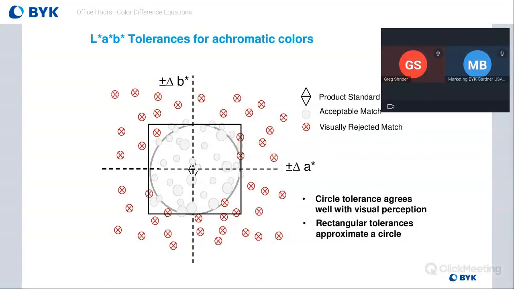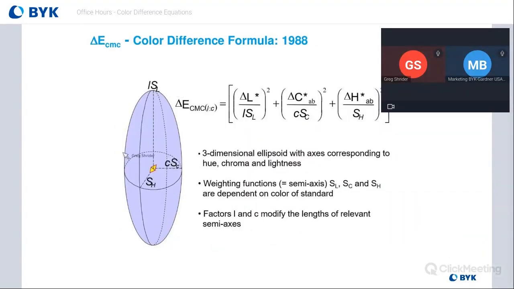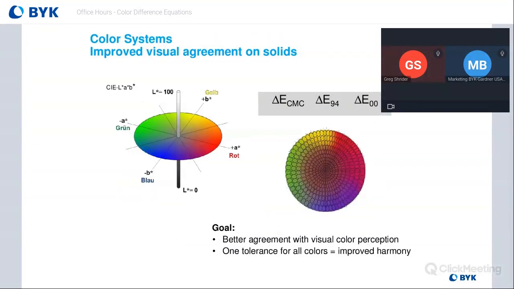And then in CMC, you go to an elliptical based system that is based on this representation of how all these ellipses are the same tolerance, and they self-adjust in color space based on where you are, either as an achromatic or a chromatic color, and they'll automatically produce the same ellipsoid for a given tolerance.